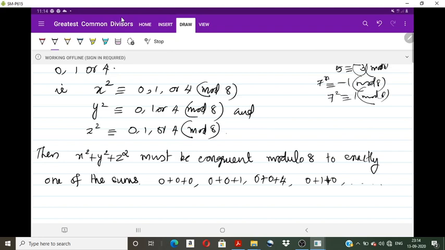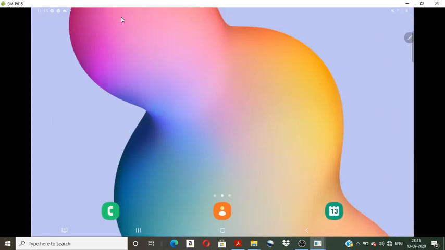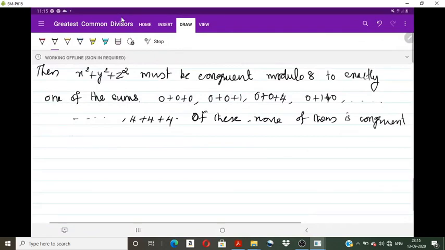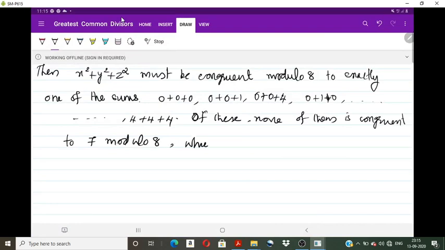Zero plus 1 plus 0 etc., up to 4 plus 4 plus 4, and we can see that none of them is congruent to 7 modulo 8, which is a contradiction.